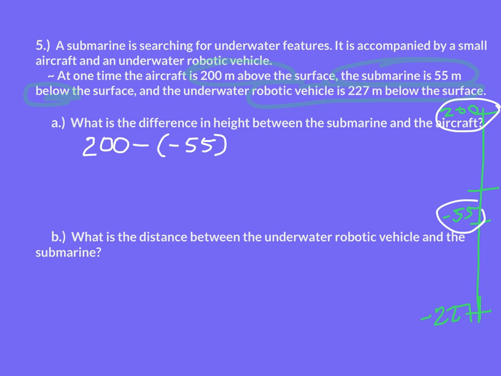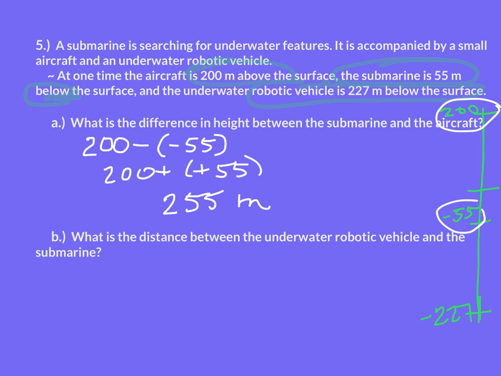Stay, change, change, cha-cha-cha. And of course, when I do that, I now have a simple addition problem. I do 200 plus 55, gives me 255 meters as my answer.